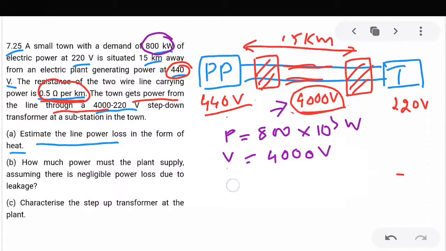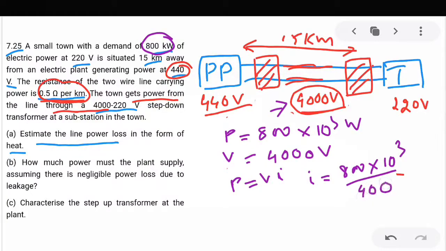Now power is equal to voltage into current. So how much will be the current? Current will be equal to 800 into 10 power 3 divided by 4000, so that is equal to 200 ampere. So this is the current in the transmission line.